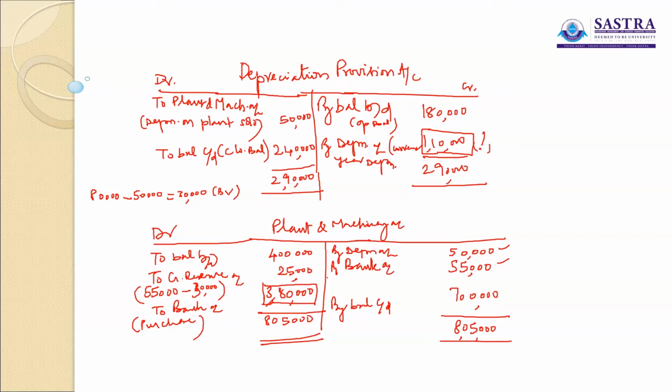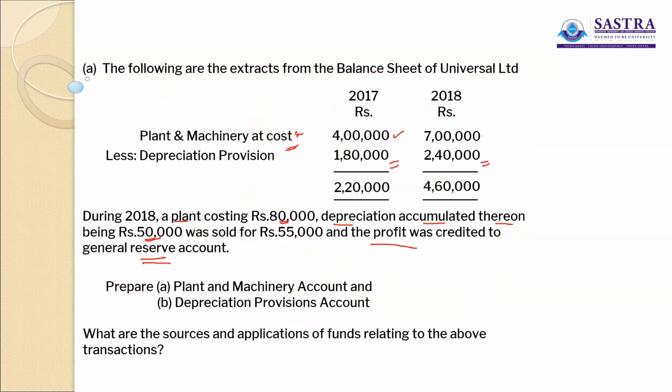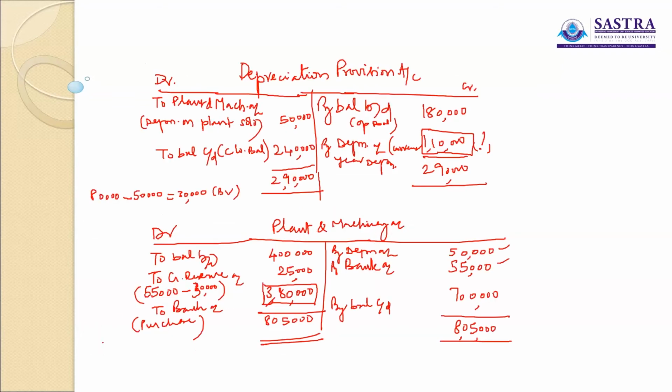So the question asks you to find out what are the sources and application of funds on the above transaction. In this above transaction, this 55,000 was the cash realized. It should be part of the sources side. So in the sources side, rupees 55,000 to be taken.